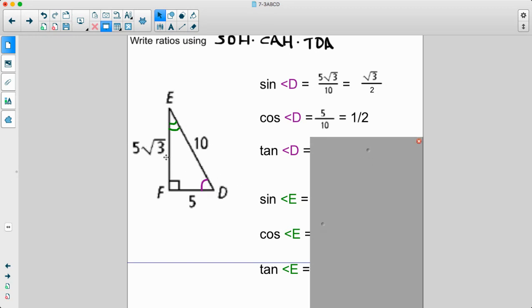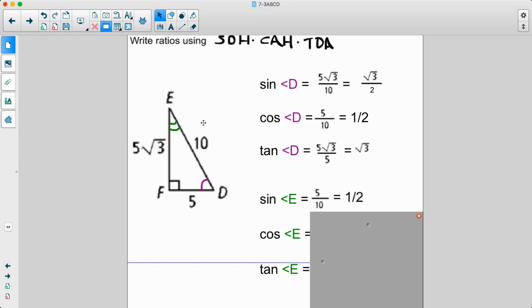Tangent is opposite over adjacent, and then reduce. And then from angle E's perspective, opposite, adjacent, and hypotenuse. So the sine from E is opposite 5 over hypotenuse 10, and reduce. Cosine is adjacent over hypotenuse, and reduce. Tangent is opposite 5 over adjacent.